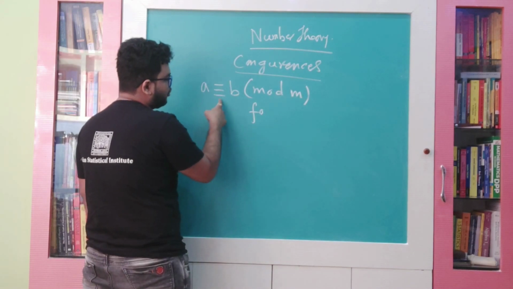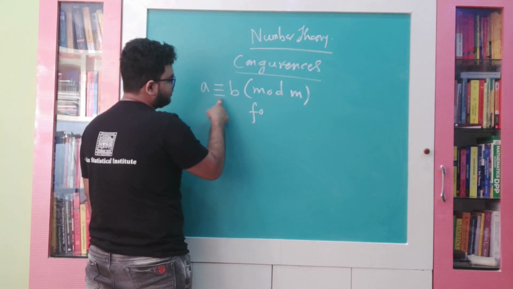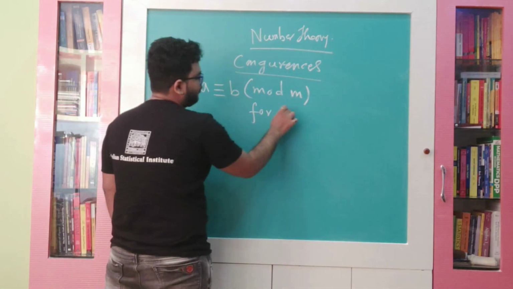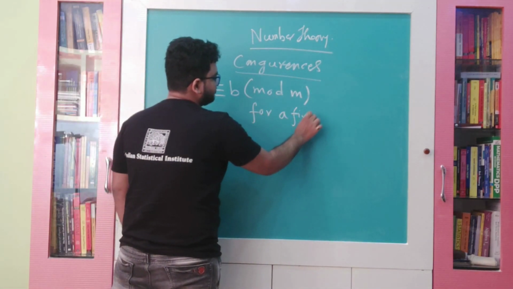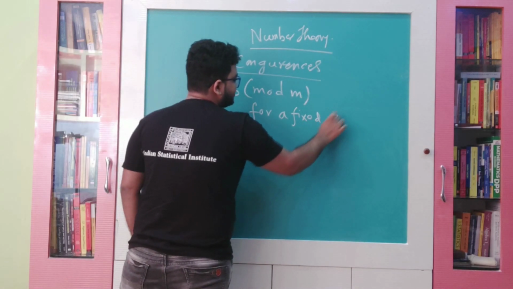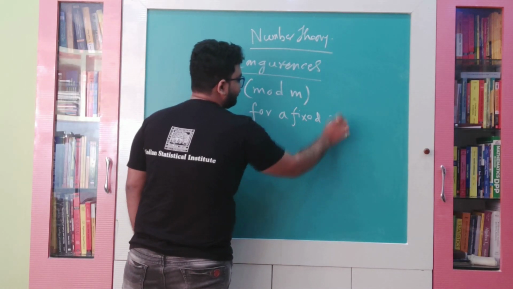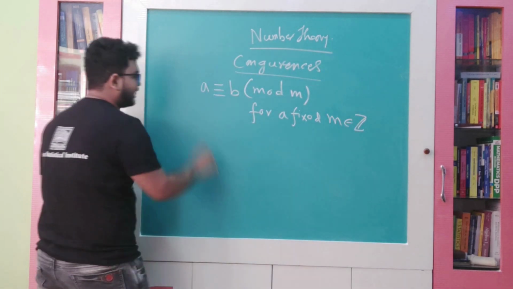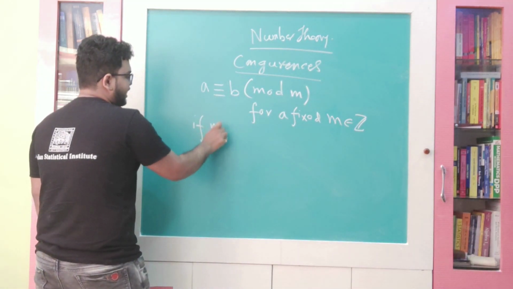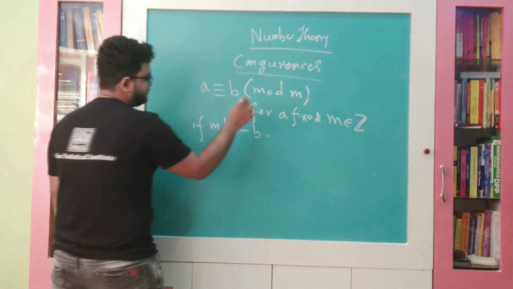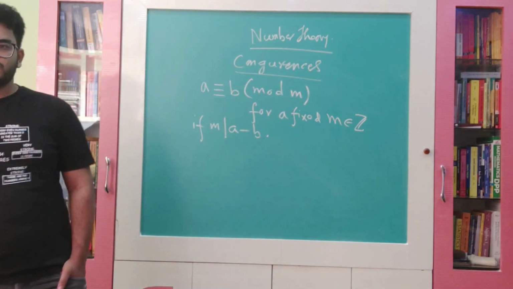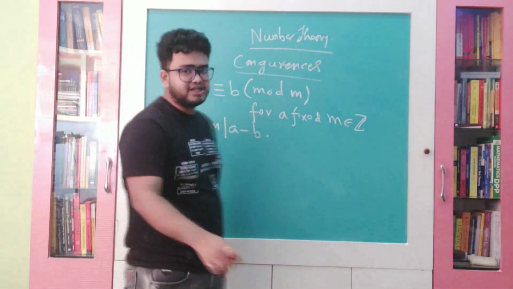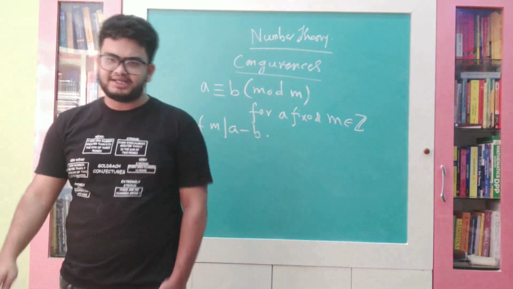We say A is congruent to B modulo M, for a fixed M belonging to the integers, if M divides A minus B. I will not write the definition on the board, I just speak it.